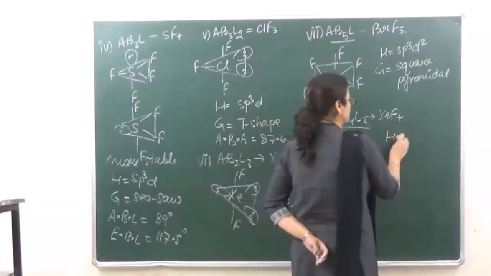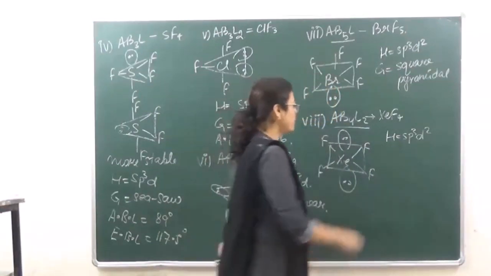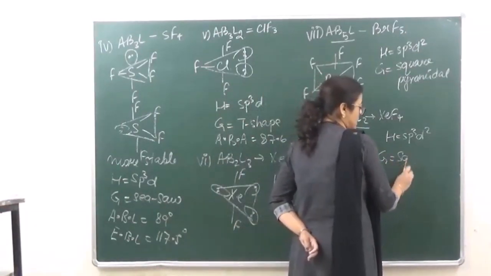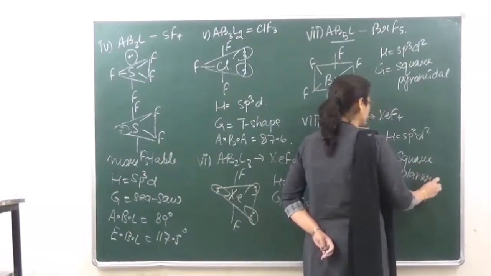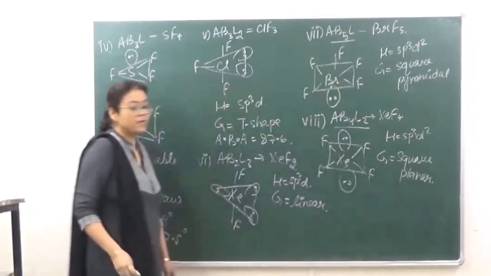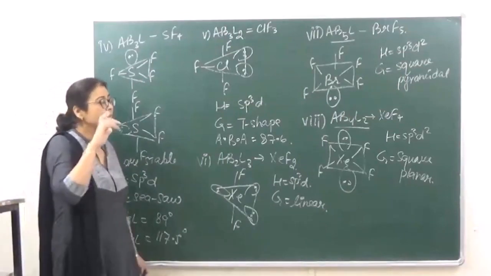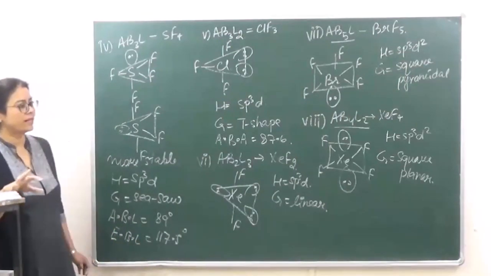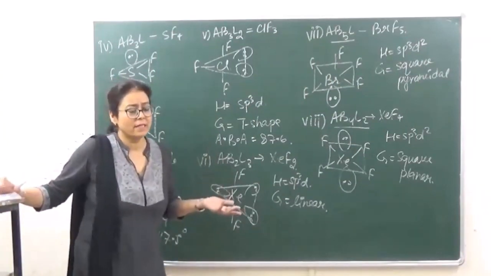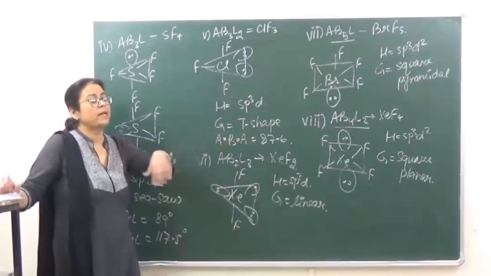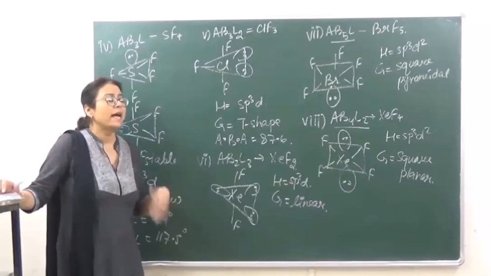Hybridization is sp3d2 and geometry is square planar. Although we've already done this when we were doing hybridization, whenever we are calculating the hybridization, we did that if H becomes equal to 2, then the hybridization is sp and its shape is going to be linear, sp2 is triangular, sp3 is tetrahedral, and so on.